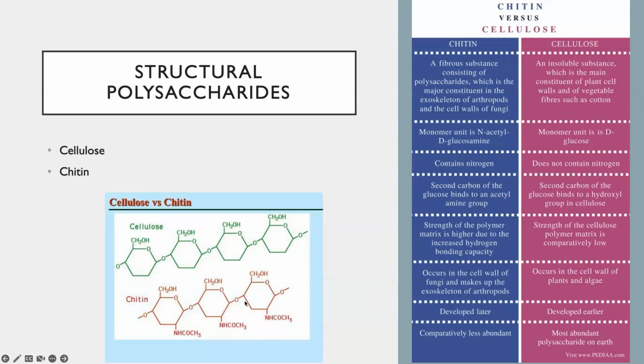So these are chitin, and then this is cellulose. And that's how you tell the difference: they're linked very similarly, but chitin again is going to be a glucose derivative with that acetyl group linked to its amino group. And here, this is just a table I found that you guys can feel free to pause and look at, explaining the differences in chitin versus cellulose.